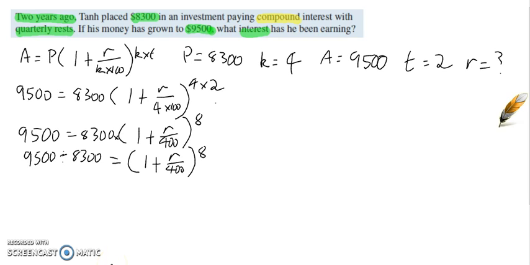So that's our starting point. So we need to go and type that in our calculator. So 9,500 divided by 8,300, and we get 1.446.